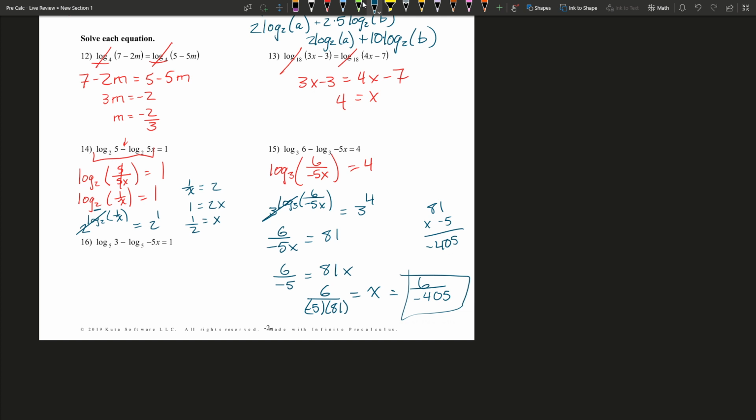And then finally, number 16, again, it's going to look the exact same.